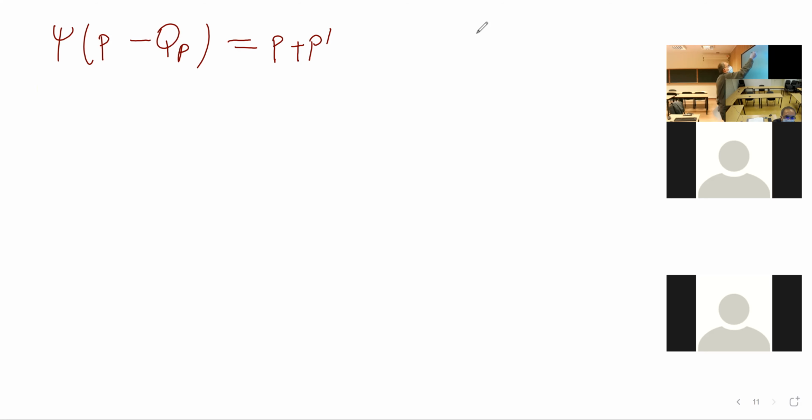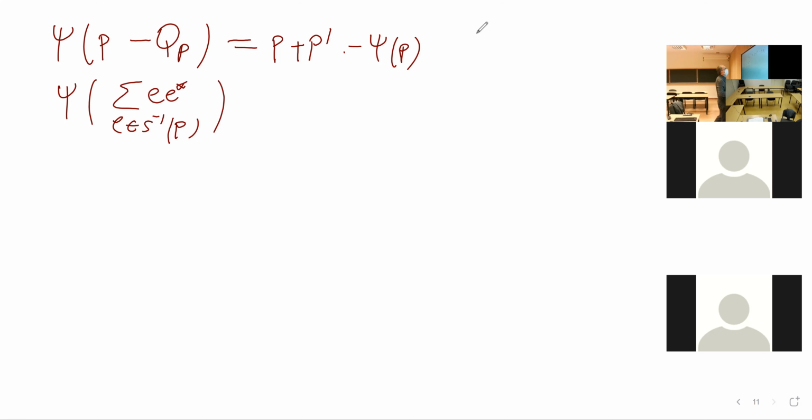Remember that I just have to write it down. So this is minus psi of P, but this is minus psi of P. Yeah, actually, this is a bit silly. I can just write it down as psi, and because here P will cancel, I just have the sum over E that I emitted at P, and here I have E star. Right, this is what at the end of the day we are computing.